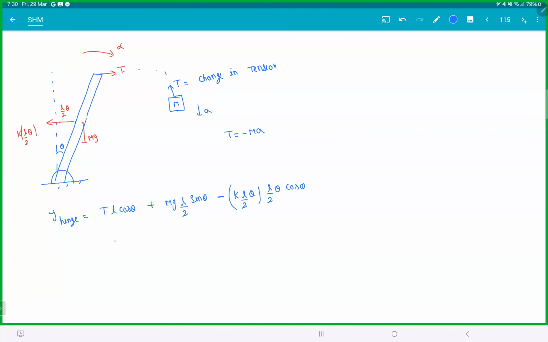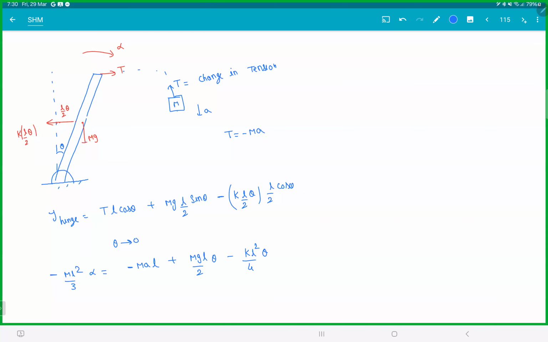Theta is small. The torque due to the hinge will be minus ml square by 3 alpha. This is tension, so minus ma L, plus mgl by 2 theta, minus kl square, this is L by 2 cos theta by 4 theta.